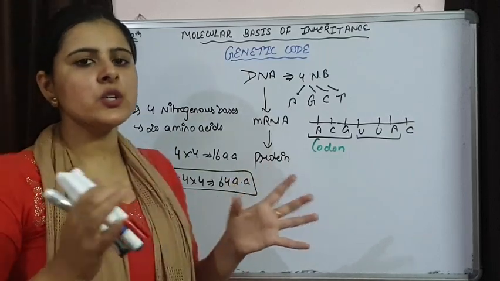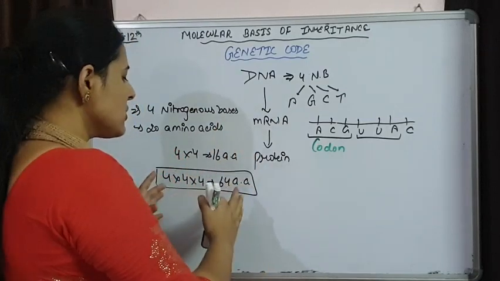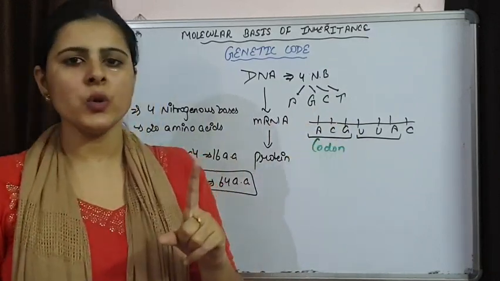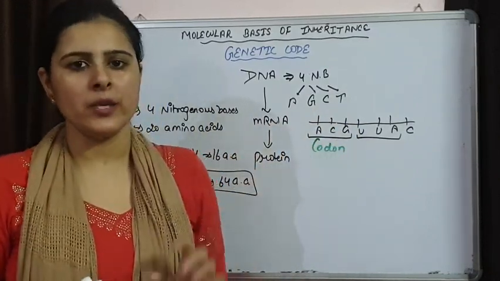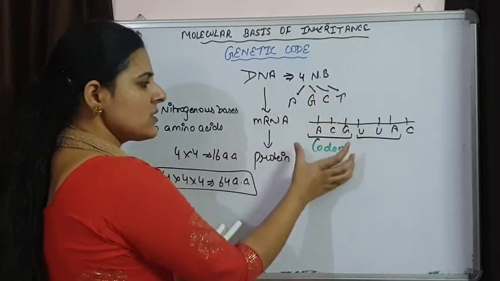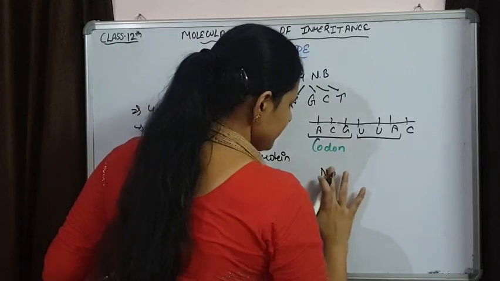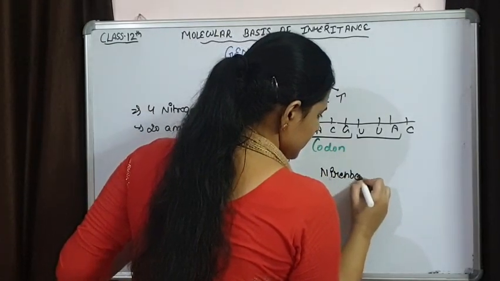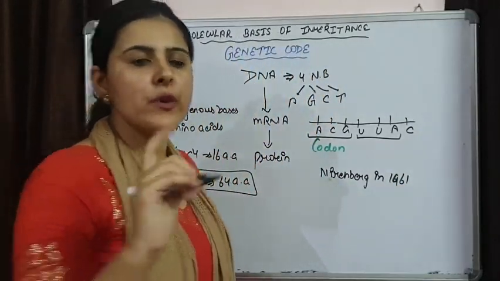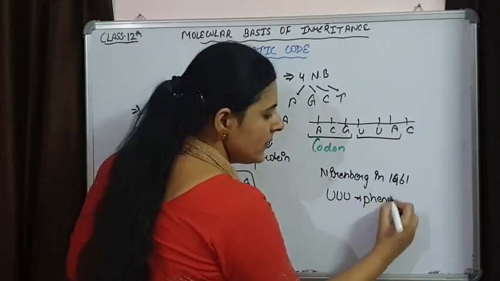So scientists worked to identify and experimentally prove that this is the situation. 3 nucleotides function as one single codon, and they code for 1 amino acid. This was told by Crick in 1961. And scientists like Marshall Nirenberg, in 1961, were able to find the first codon, which was UUU, and it codes for phenylalanine.